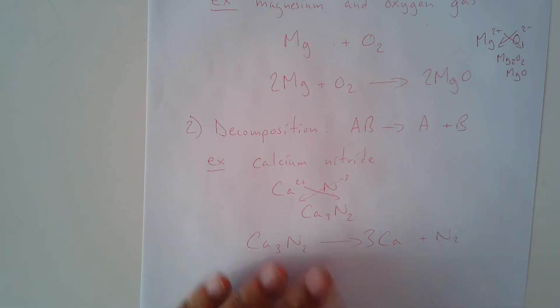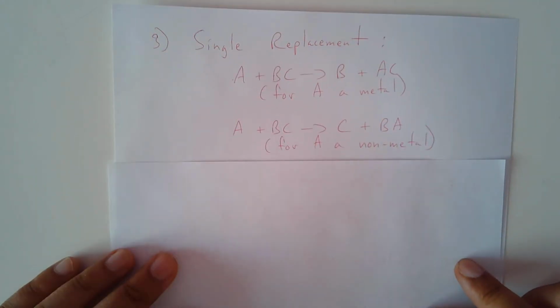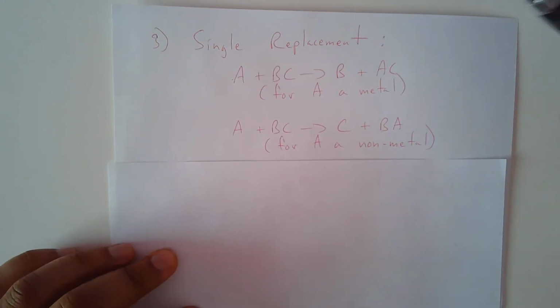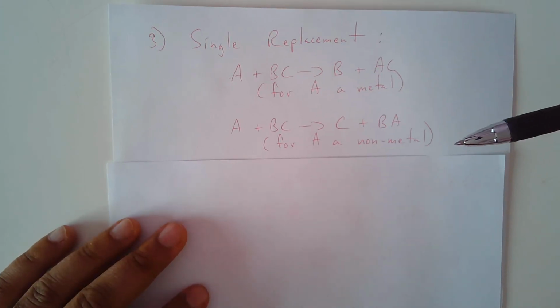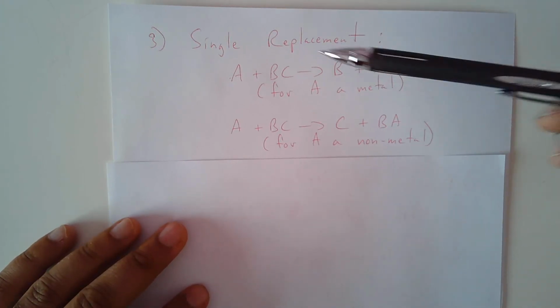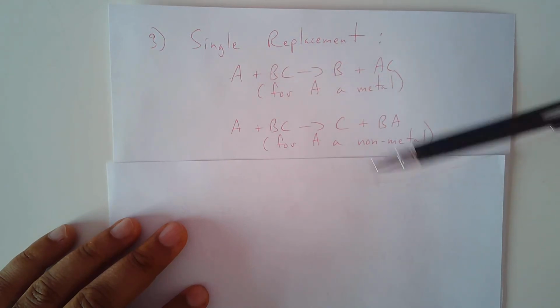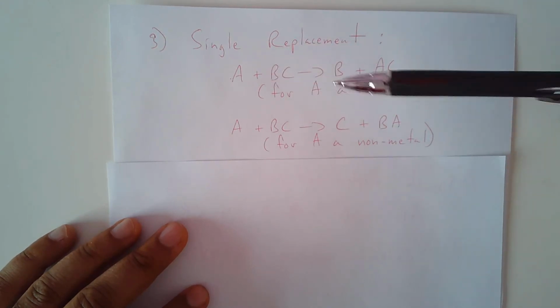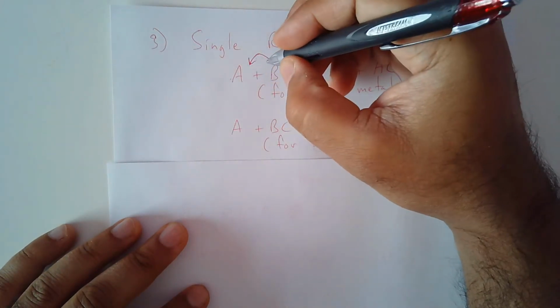Okay, the next one let's look at is what we call single replacement. Okay, so there are two types of single replacement. It depends on if the individual element is either a metal or a non-metal. So for the first one, if it's a metal, then it's going to switch spots with the other metal.